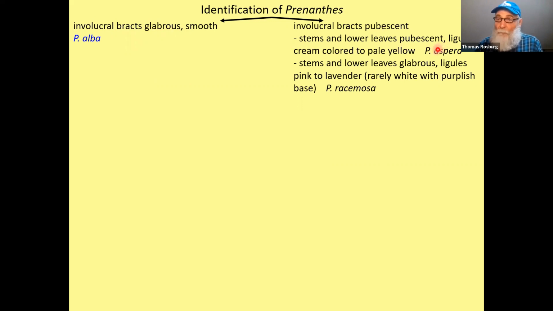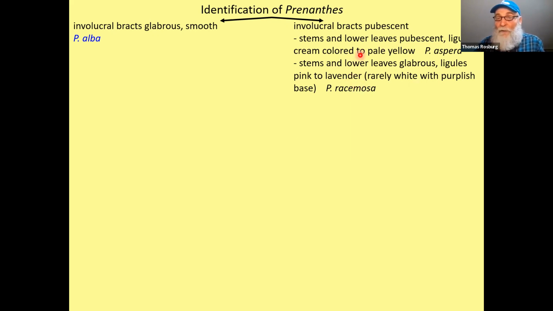And then to separate aspera from racemosa is basically, again, on the basis of pubescence. Aspera means hairy. And so if the stems and lower leaves are pubescent and the ligules are more cream color, that's aspera. Instead, if the stems and lower leaves are more glabrous and the ligules more pink to lavender, have more of a pinkish look to them, racemosa.